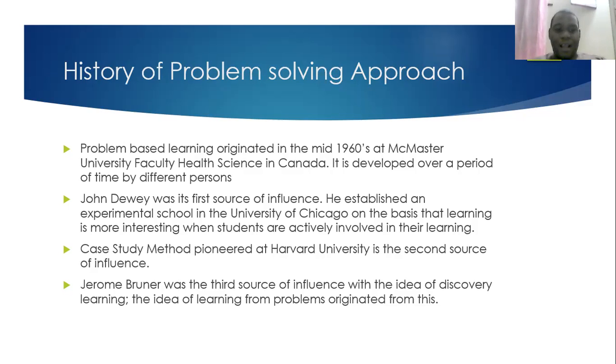So this idea by John Dewey was looked at and added to as well. So we find that this was the first source. The second source is the case study method that was done at Harvard University, the second source of influence toward this approach.